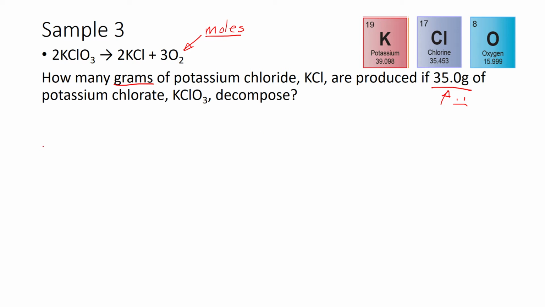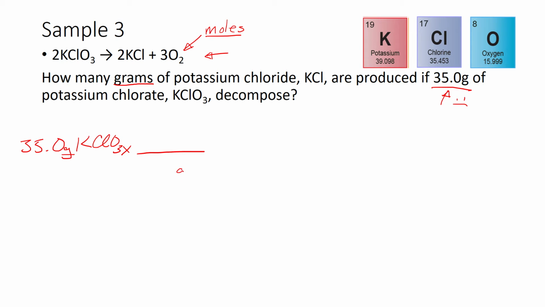So let's start with our given: 35.0 grams of potassium chlorate, KClO3. Let's get out of grams and into moles. Why? So that we can use this chemical equation. The very first step is to convert to moles.